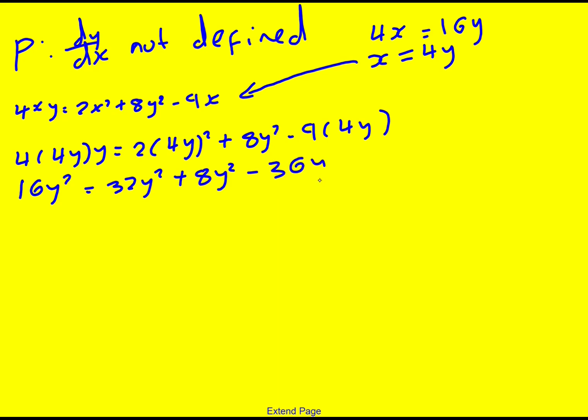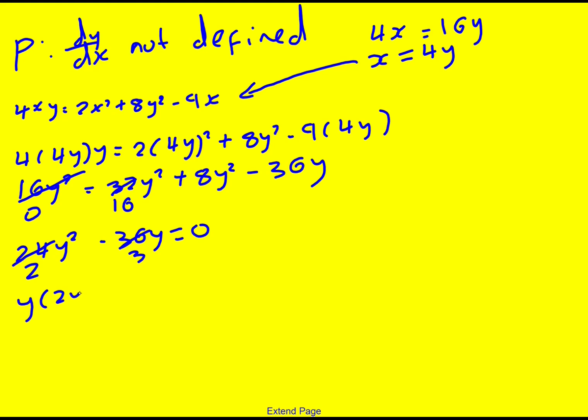I can cancel this with this partially. So I'm going to get 24y squared minus 36y is 0. Divide through by 4. Actually, what else? 12. 2 and 3. So y equals 0 or 3 over 2 for p.